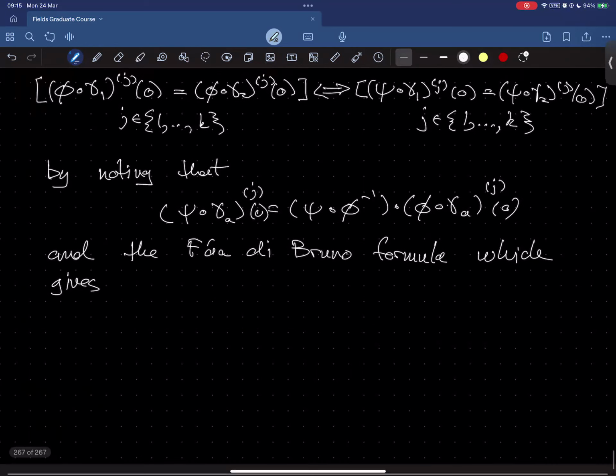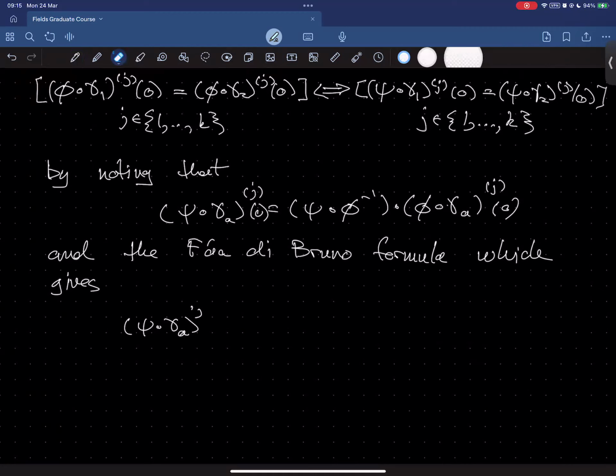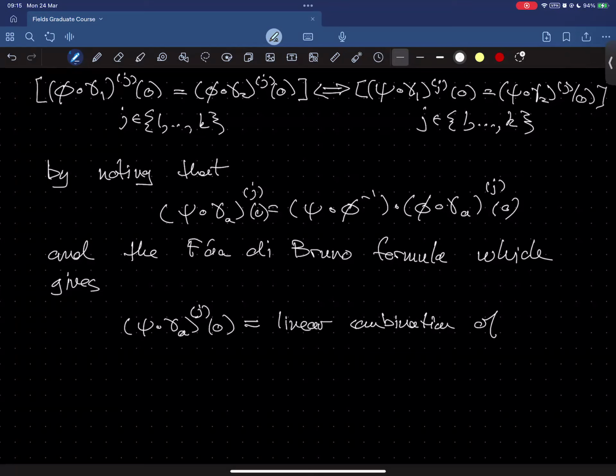It gives psi composed with gamma_A,j at 0 as a linear combination of terms of the form D^L, let's say, of the composition.